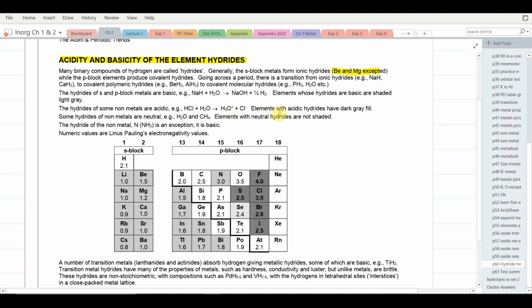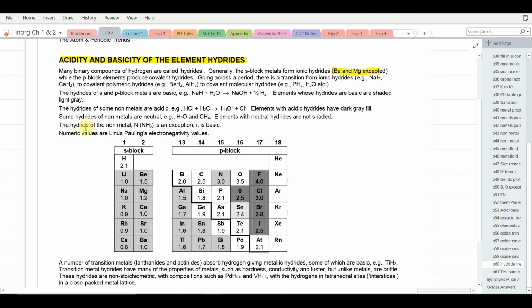Elements with acidic hydrides are colored dark gray in the table. But some hydrides of nonmetals are neutral. You're familiar with, of course, the hydride of oxygen, which is water. It's quite neutral, as is the hydride of carbon, methane, and other hydrocarbons. They're quite neutral. Elements with neutral hydrides are not shaded in the table.